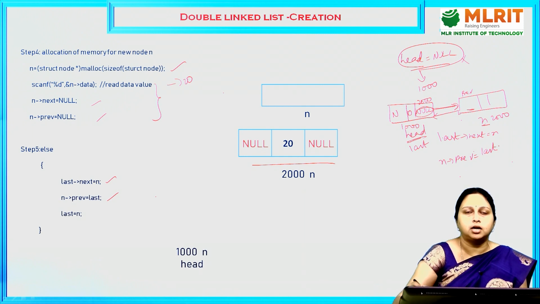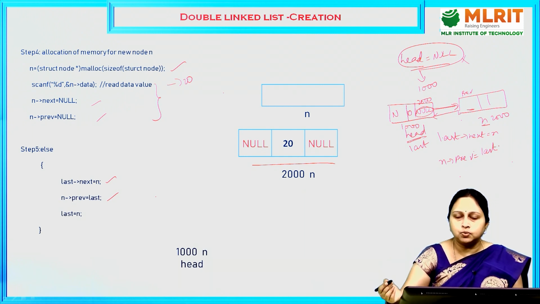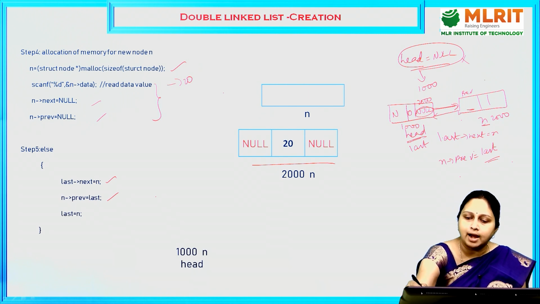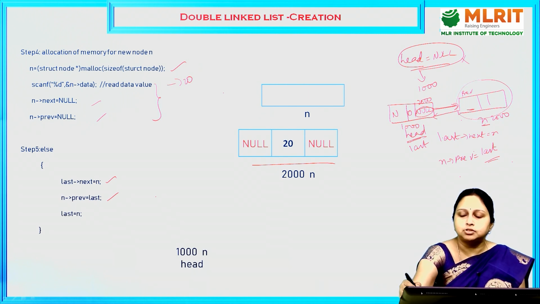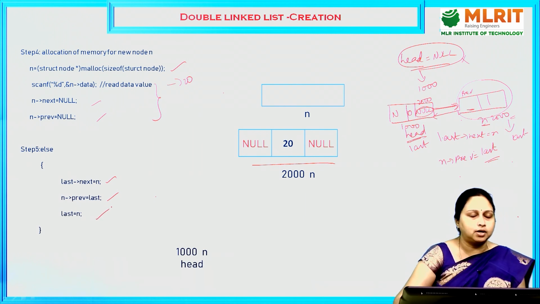We should not give it as head. If we keep on adding new nodes, then every time you won't find the head value. That's why we need to connect it to last, right. At the same time, when I am adding a new node here, this should become the last node. It will not be the first node. This should become the last node. That's why we are going to assign last equal to n.